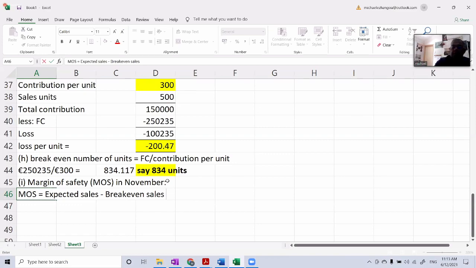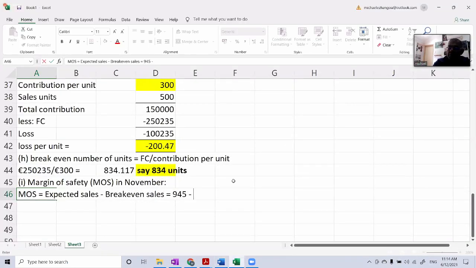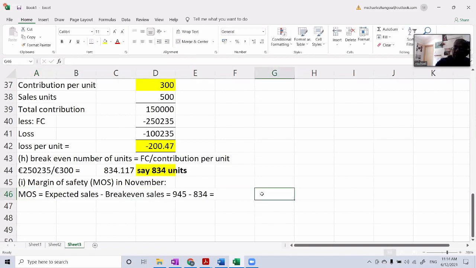Expected sales is 945 units in November, but your break-even sales is 834. So that should be 945 minus 834, which is 111 units.